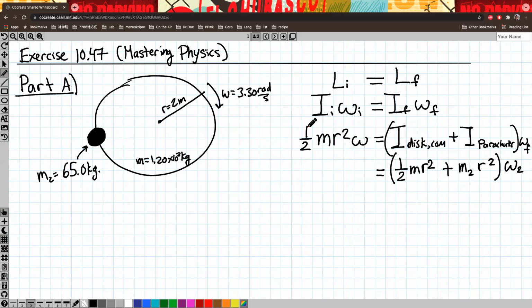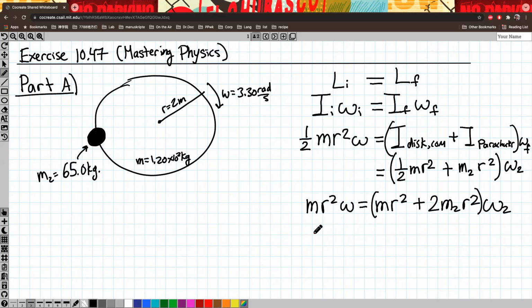So let's multiply everything by 2. So we'll get mr squared omega equals mr squared plus 2m2r squared omega 2. And now, instead of fractions, we're just dealing with one line.